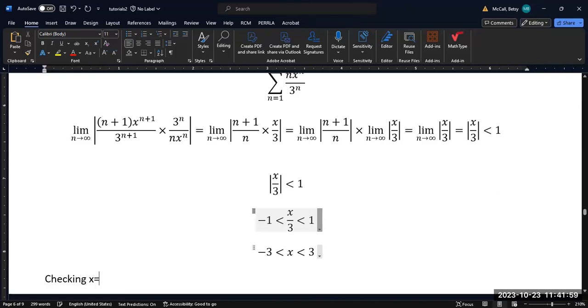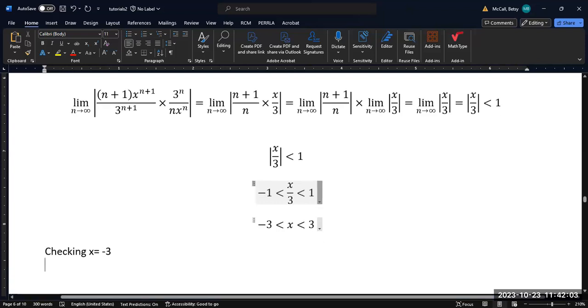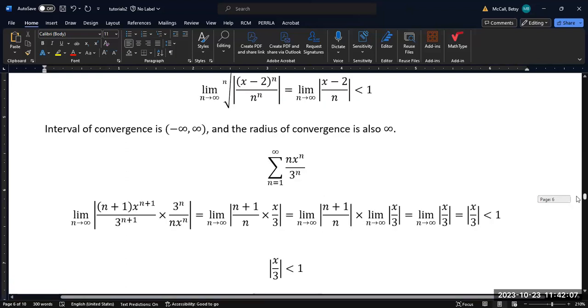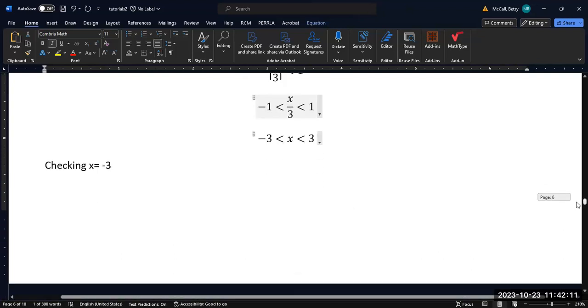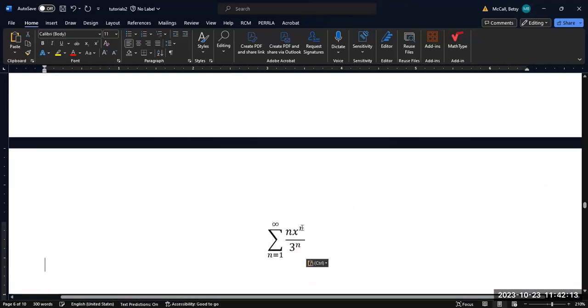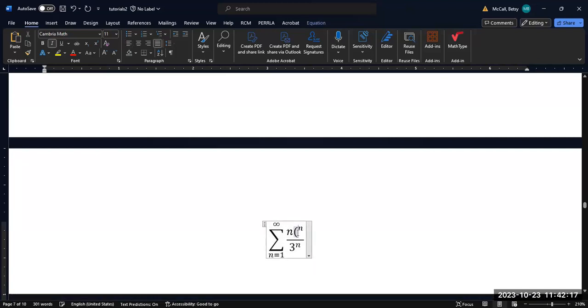And we don't know without doing the check. So we're going to check x equals -3. For that, we're going to go back to our original power series and replace x with -3.